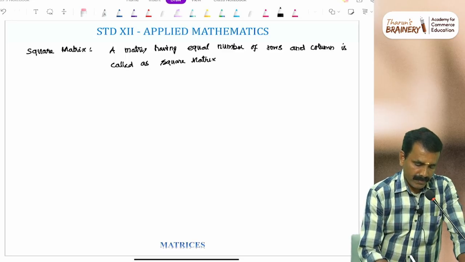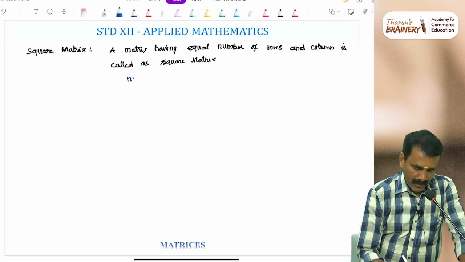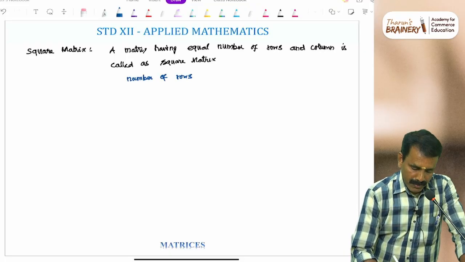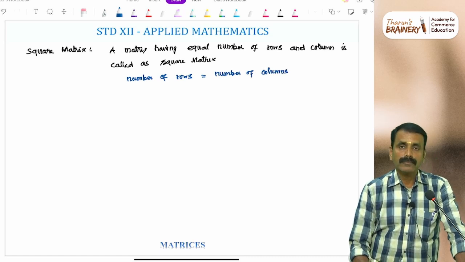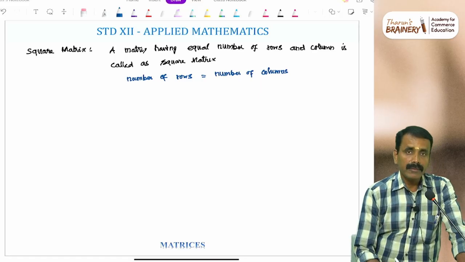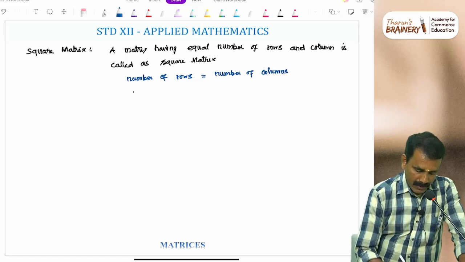That is, the number of rows should be equal to the number of columns. So the general form of a square matrix will be A n by n.